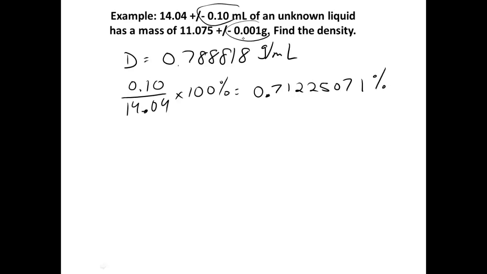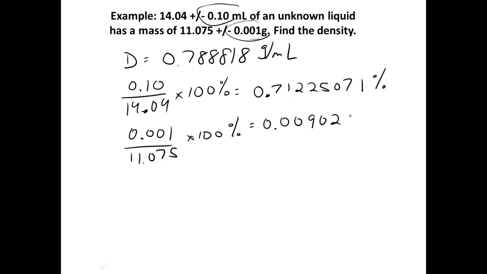Now we're going to look at the mass uncertainty as a percentage. 0.001 as a percentage of 11.075. This is going to be a little smaller, 0.0090293%. Okay.